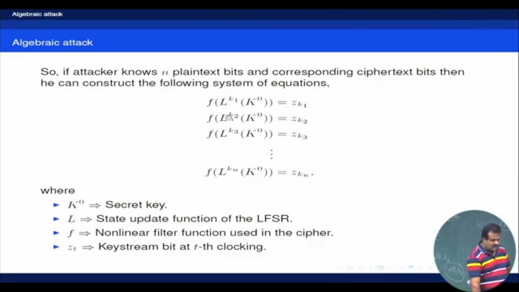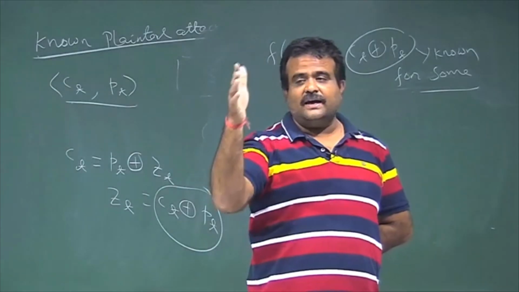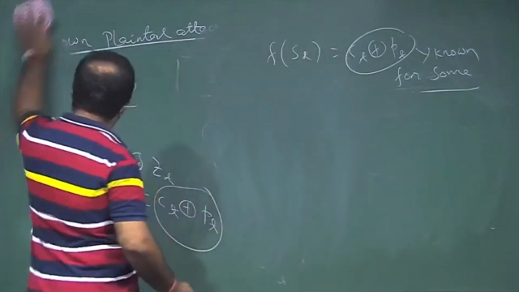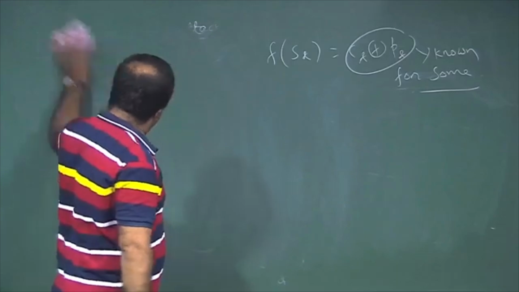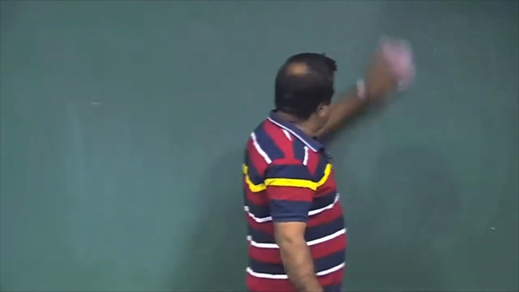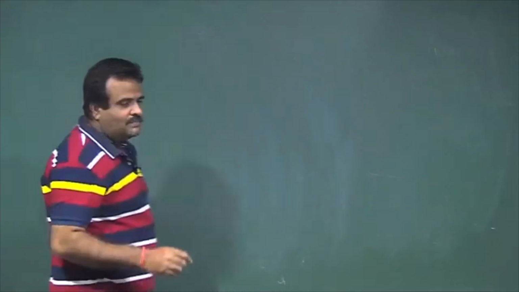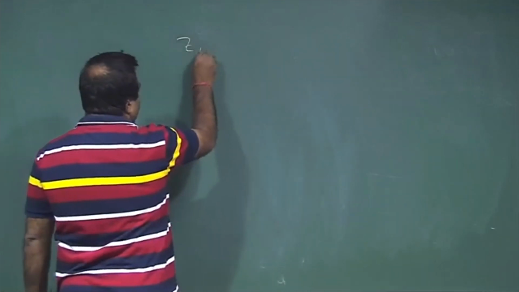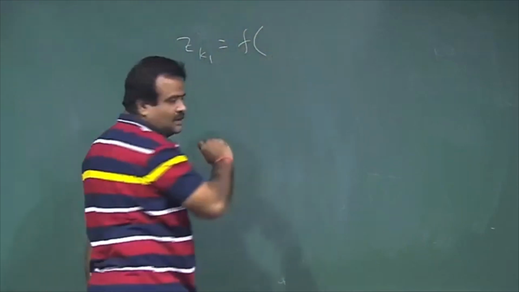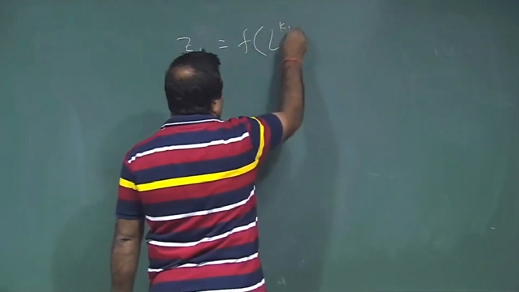This is for an LFSR based stream cipher, because these are the LFSR bit updates. Every state is initialized by k0. For example, suppose we know the first k plaintext bits and the corresponding ciphertext bits. Then we have z of k1, which is f of L of k1 k0.